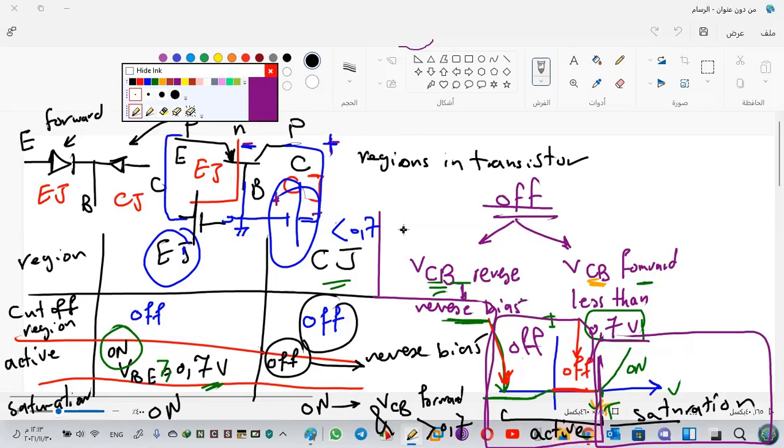So try to keep a screenshot of this, because we're going to use it in chapter 4 about DC analysis, or DC bias, for transistor. Is anything clear for you, everyone? Should I repeat anything? Okay.